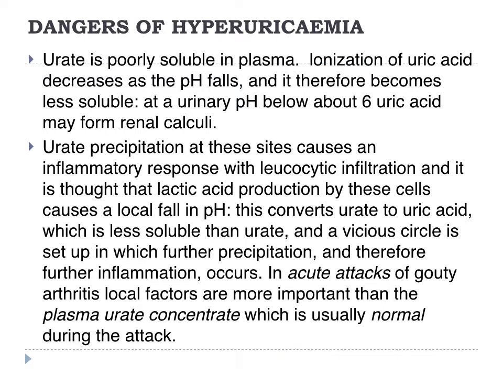In acute attacks of gouty arthritis, local factors are more important than the plasma urate concentration, which is usually normal during the attack. Why normal? Because precipitation has occurred, so the urate concentration in the blood will decrease, as it all gets concentrated in the joints or tissues. So there is hyperuricemia, then a trigger occurs, either cold weather, high sodium, high meat intake or high purine intake, anything that will trigger precipitation. Once precipitation happens, its concentration in the blood decreases because it all precipitates, and then an acute attack of inflammation and pain occurs.